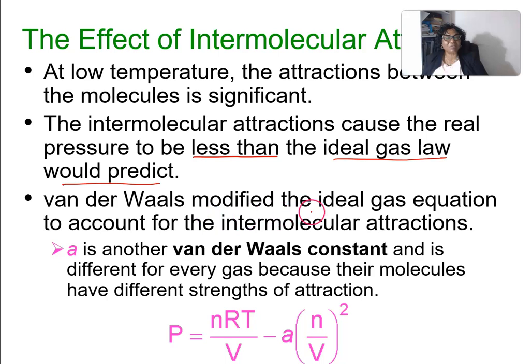Van der Waals modified the ideal gas equation to account for the intermolecular attraction, and the constant he used to correct that is A. It's another van der Waals constant, and it's different for every gas because their molecules have different strengths of attraction. So this is the correction for P.